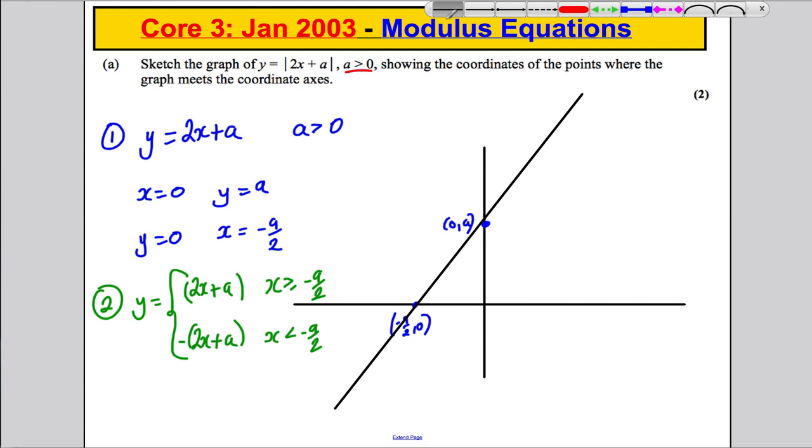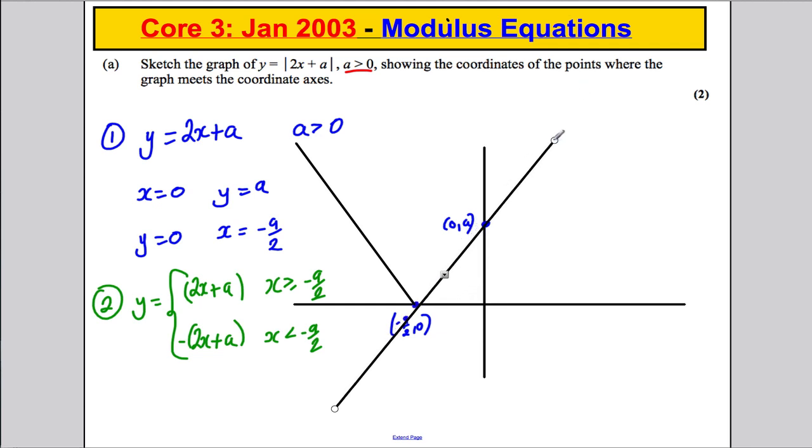So really what we need to do is reflect this part in this axis as such. Maybe I've made that slightly too big there, and really you don't want to include this, that was just for working. And we have included all the points that are important for us on the graph.